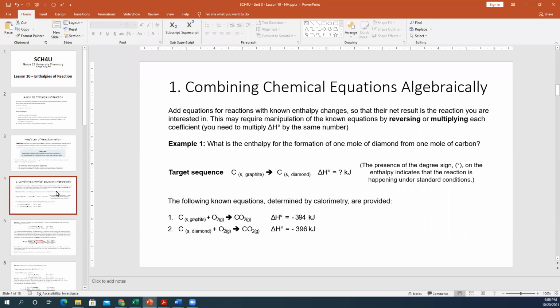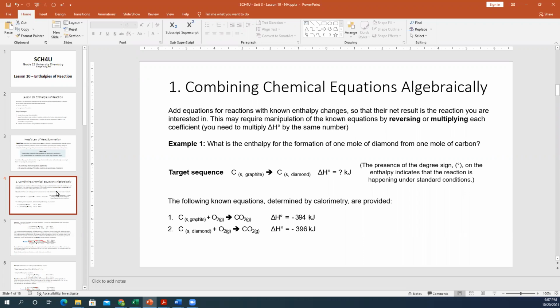This may need you to manipulate those known equations, maybe reverse them, or multiply them by a coefficient. If you multiply by a coefficient, you need to multiply the delta H value by the same number. If you reverse it, you need to change the sign of the delta H value from positive to negative or negative to positive.